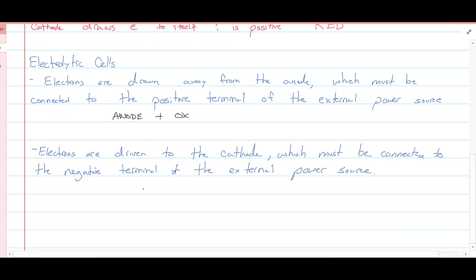So the cathode is negative, and it's still where reduction happens.